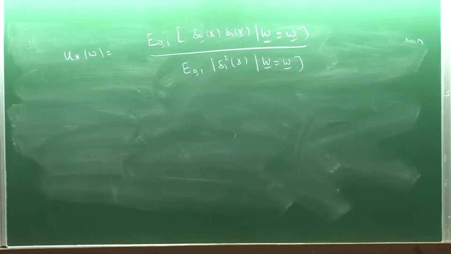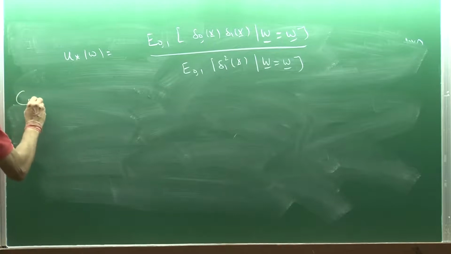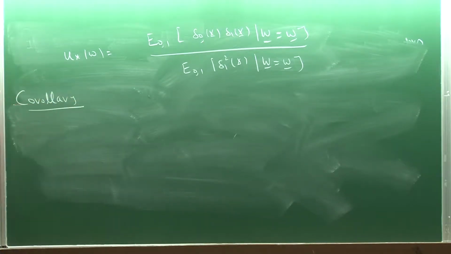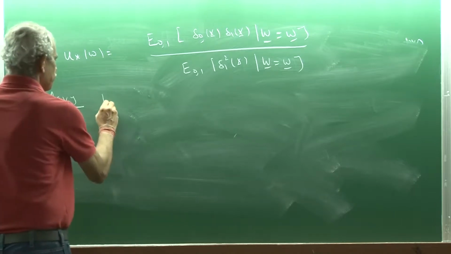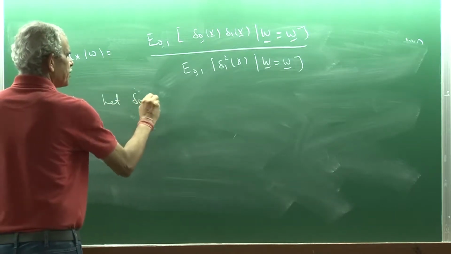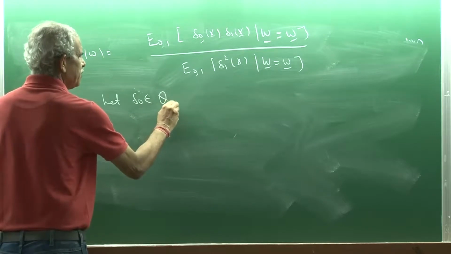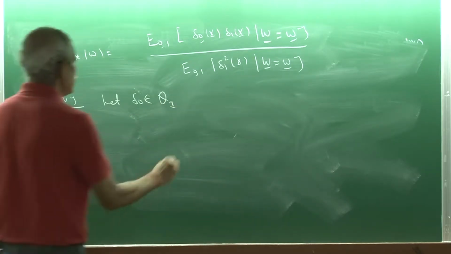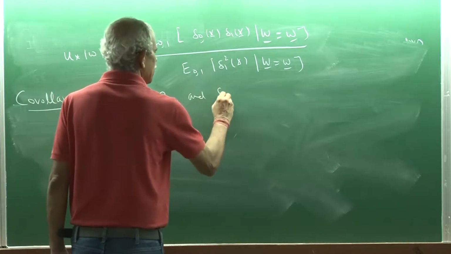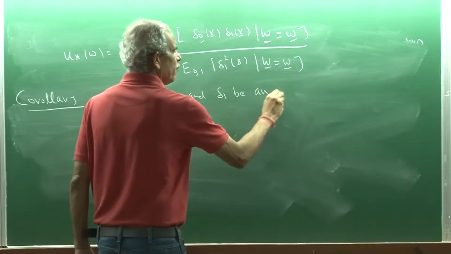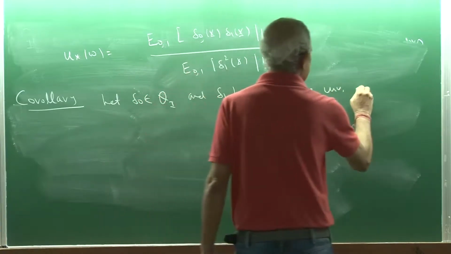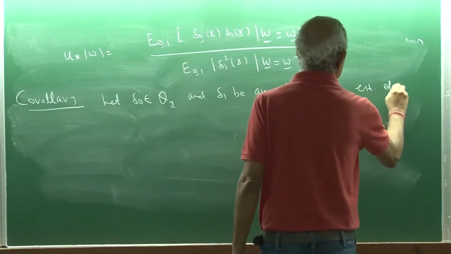So now you can write down a small corollary which says: let delta naught be any affine invariant estimator of mu, and delta 1 be an affine invariant estimator of sigma.